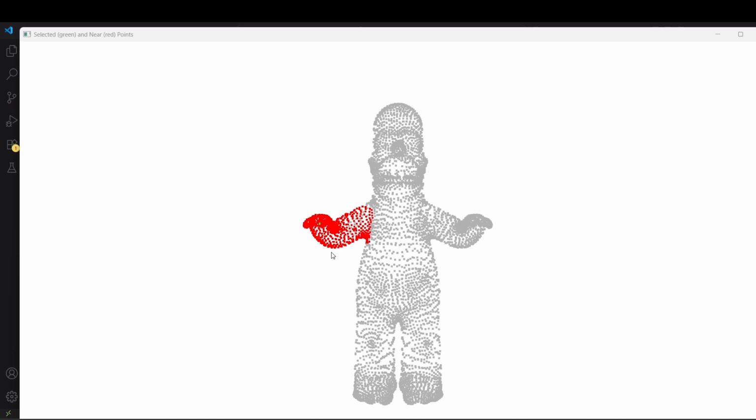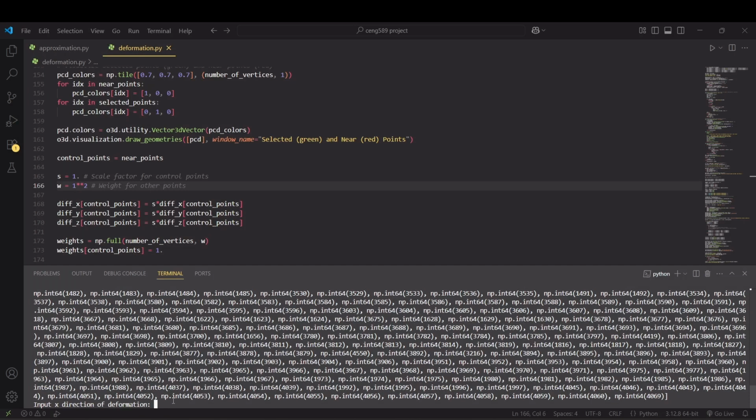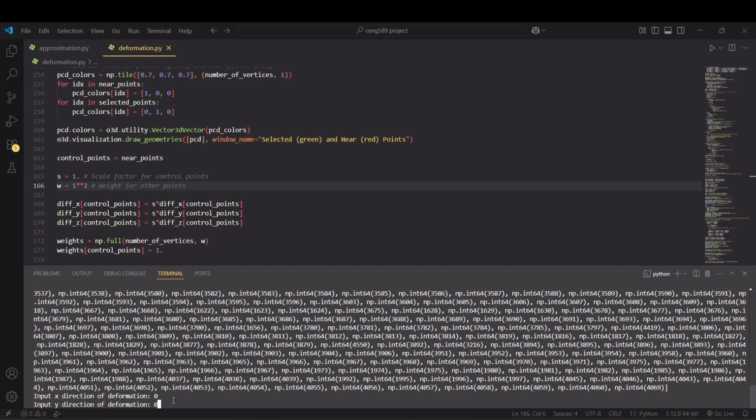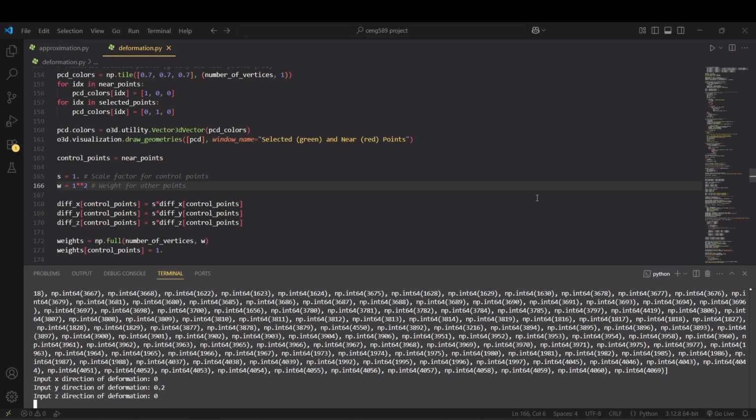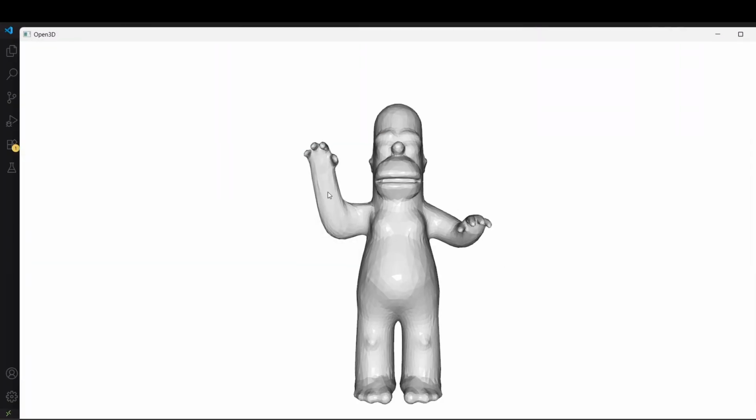So I'm moving the right arm, and this is the direction of deformation. This is the original mesh, and this is the deformed mesh.